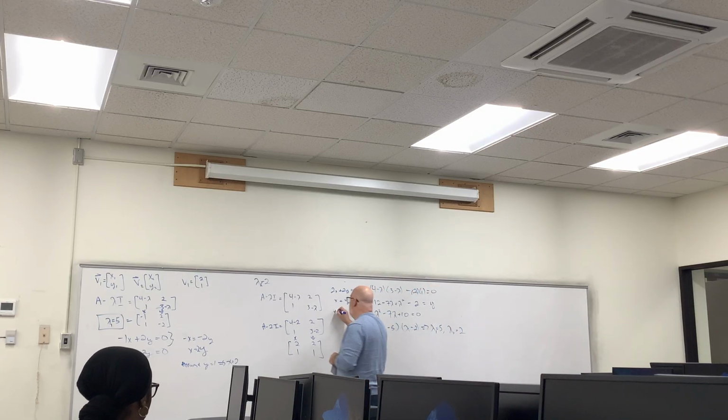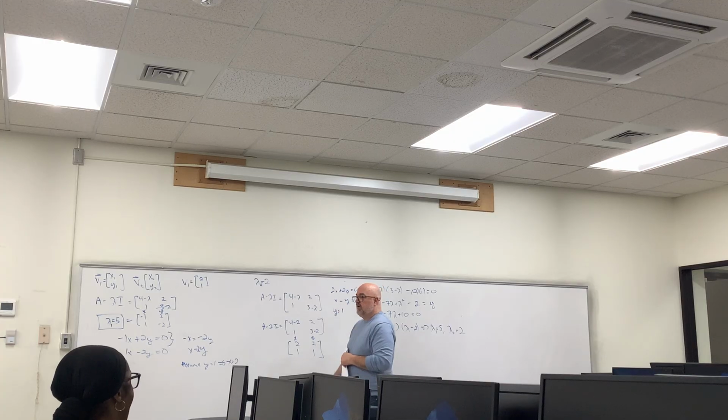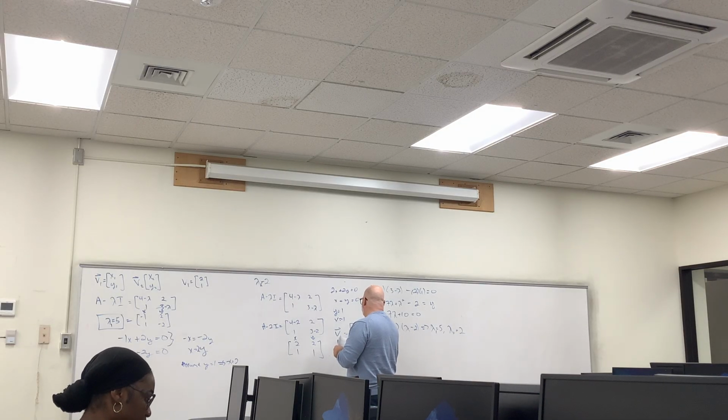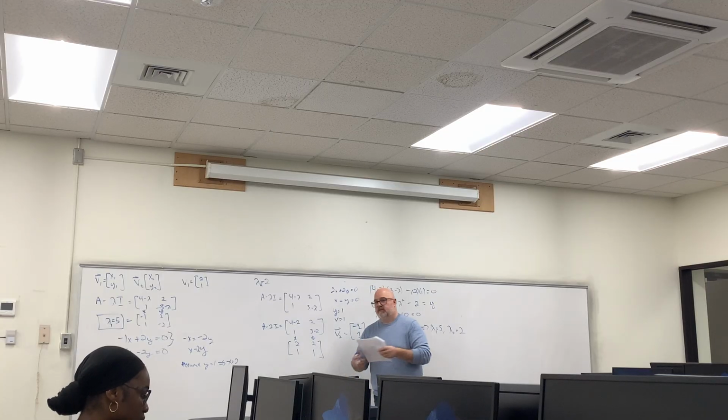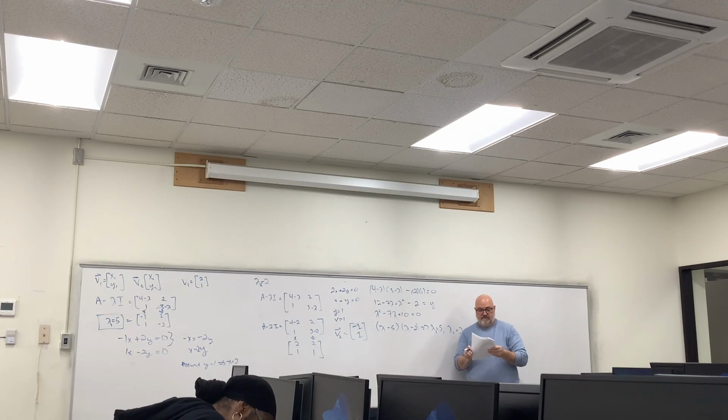So let's say y equals 1, because again, I'm lazy. If I put y equals 1, what does my x have to equal? -1. Vector 2 equals -1 and 1. Solve. That's how you get eigenvalues and eigenvectors.